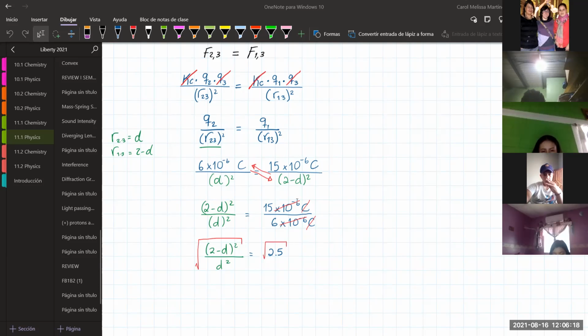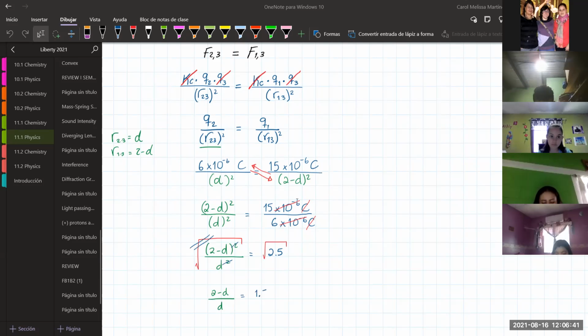So in the end, this will be 2 minus d divided by d, because I cancel the square from the top with the square, and the square from the bottom also with the square. Now, how much is the square root of 2.5? 1.58.